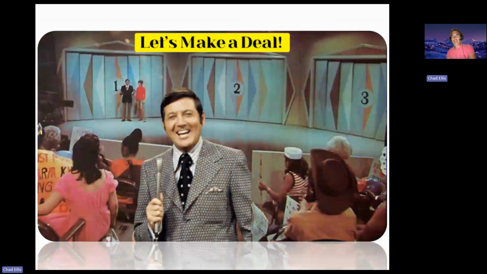A big part of the game was that the contestant would have to pick door 1, 2, or 3, and there'd be a car or something really good behind one door, and something not as good behind the other 2 doors. So that's the premise of the Monty Hall problem.